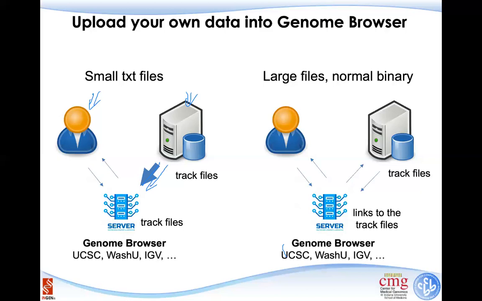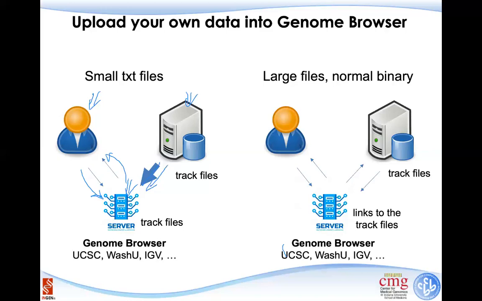I don't know where they are; I assume they are in University of California, Santa Cruz, but wherever the server is located, your data will be in their server. And then you access your data from their server directly. So that's the first way of doing that.